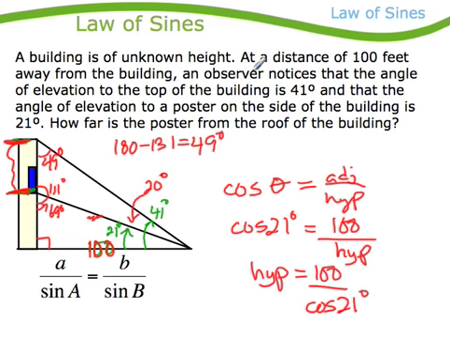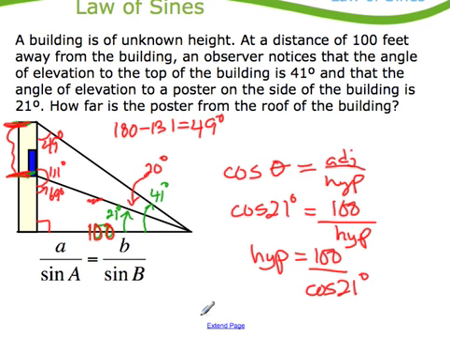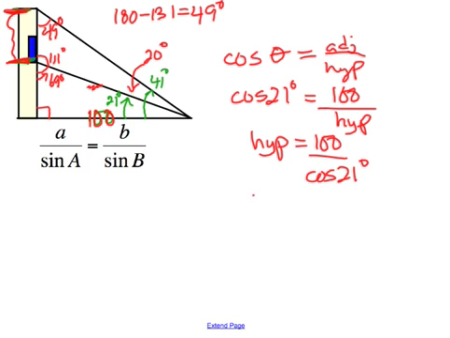Let me try that on my machine. 100 divided by the cos 21. Well, 107.114. So the hypotenuse is equal to 107.114.